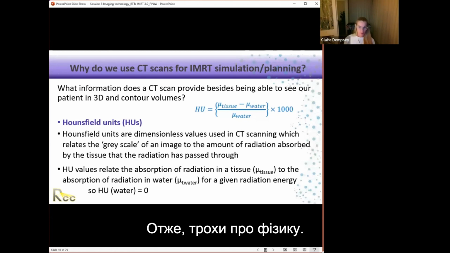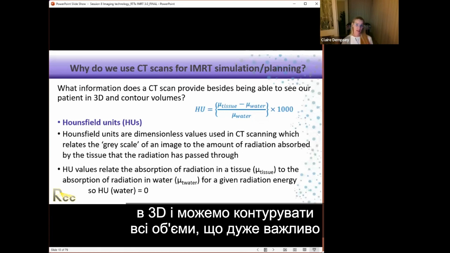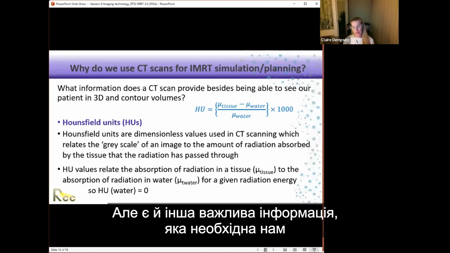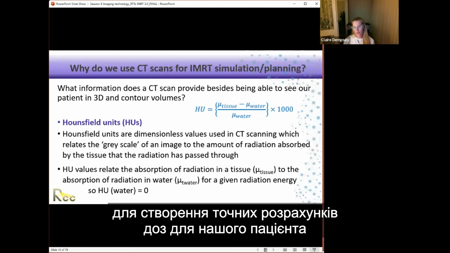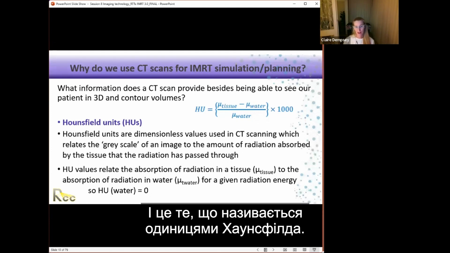So a little bit of physics here. Obviously, when we see our CT scan, we can see our patient in 3D and we can contour all the volumes, which is really important for IMRT and VMAT planning. But there's also some other important information that we need in order to create accurate dose calculations in our patient and our treatment plans. And this is something called Hounsfield units.